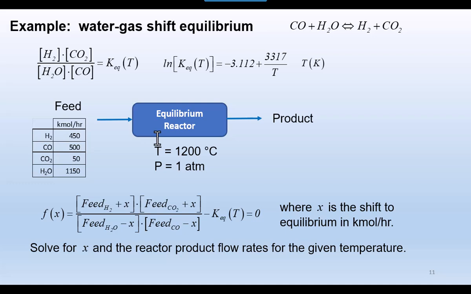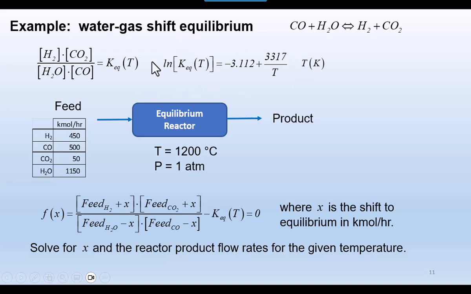The equilibrium is known to depend on temperature, so we've shown the relationship here between the amounts of hydrogen, carbon dioxide, water, and carbon monoxide being equal to an equilibrium constant, which at isothermal conditions will be given by temperature.